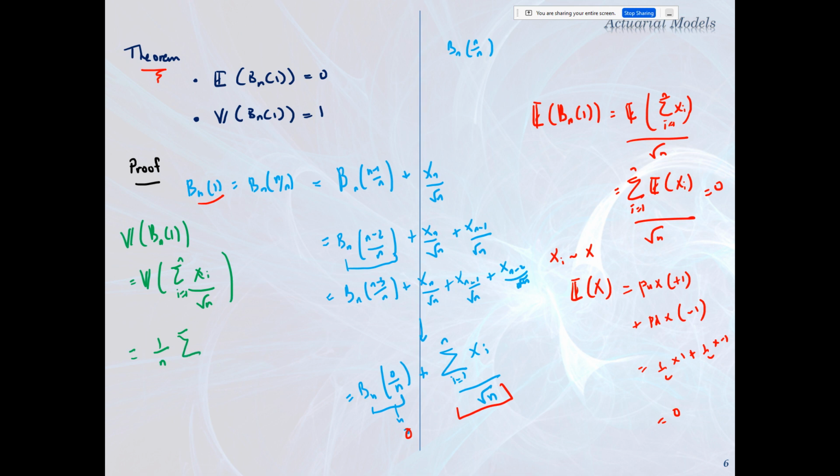And we also put the summation outside because the xi are independent of each other, xi independent of xj for i not equal to j. Otherwise, there would have been covariance terms.